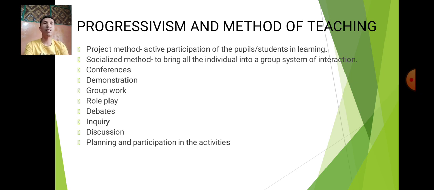Number two, socialized method. So to bring all the individuals into a group system of interaction. So there must also be a group activity in order to bring the individual into a group, then develop his or her social skills. Then conferences, demonstration.